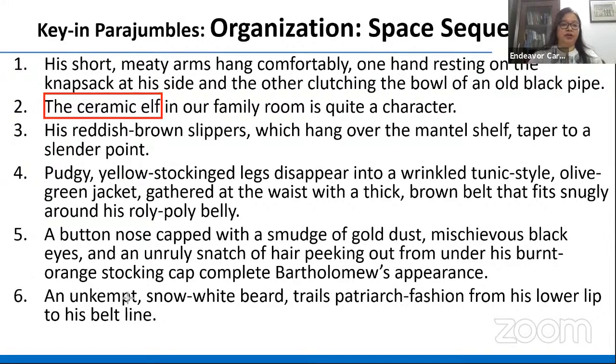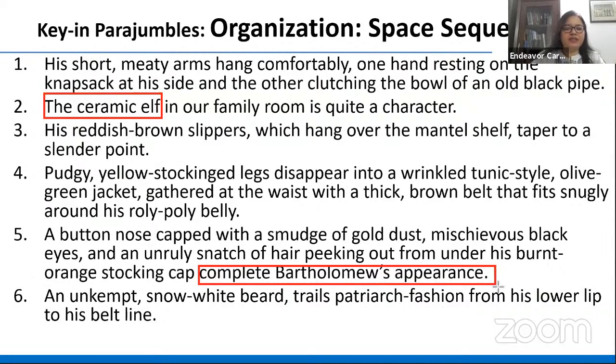And you actually have 5 that talks of his face, a button nose and an unruly snatch of hair, etc. And you think that is the sequence, face downward, then comes beard, then comes arms, then comes legs, and then slippers. But if you've missed this detail in the fifth sentence, that is the sequence you'll present, face downwards.